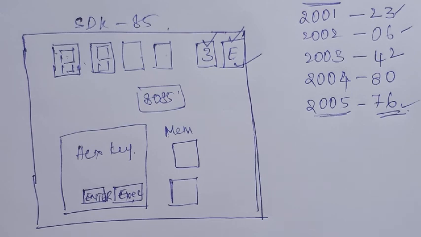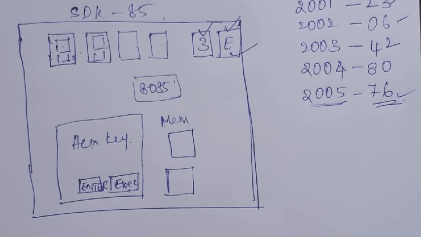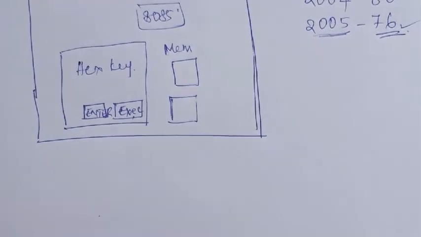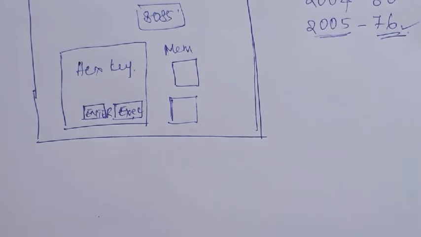First write the program using instructions, then convert it to hex code with the help of the data sheets or code sheets present, and then enter the program, execute it, and check your results. Okay, there are assemblers also, like MASM.